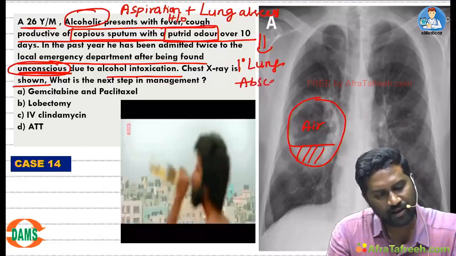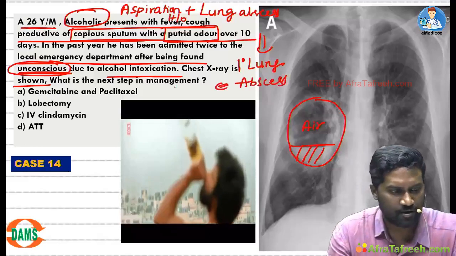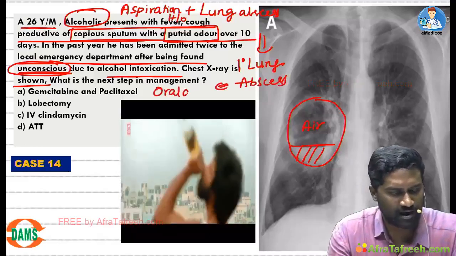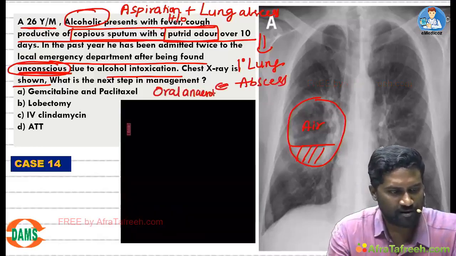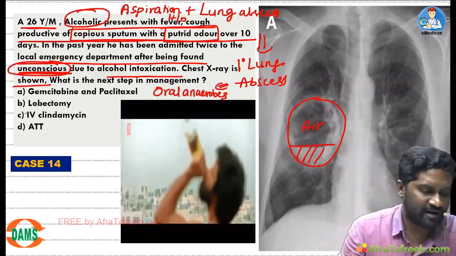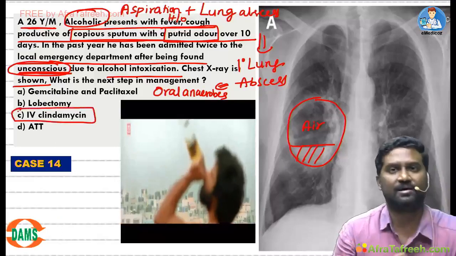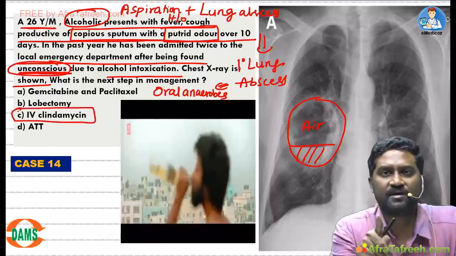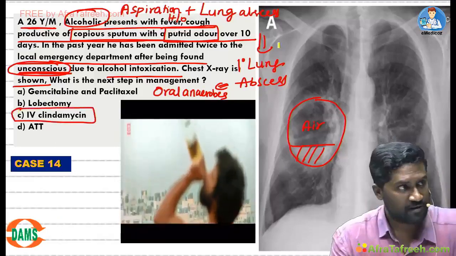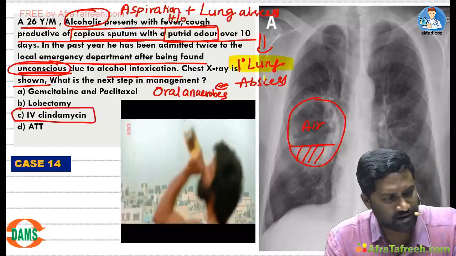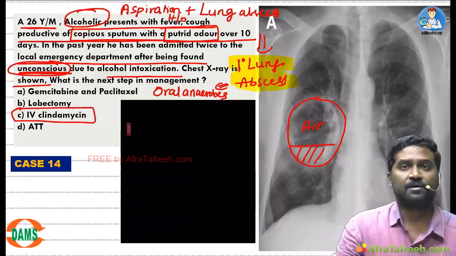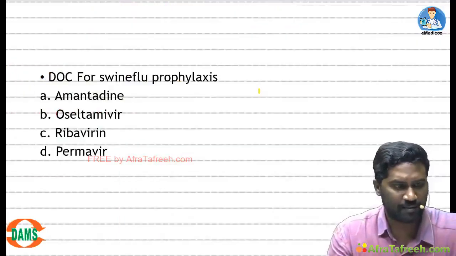In primary lung abscess, what will be the organism? Oral anaerobes. And what will be the treatment of choice against oral anaerobes? Your answer should be IV clindamycin. So this is a primary lung abscess. So diagnosis is primary lung abscess and treatment of choice will be clindamycin.